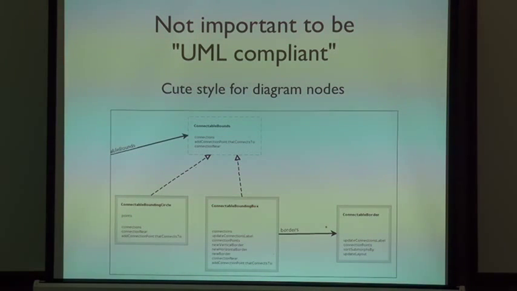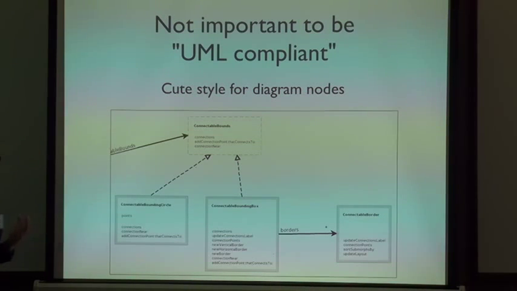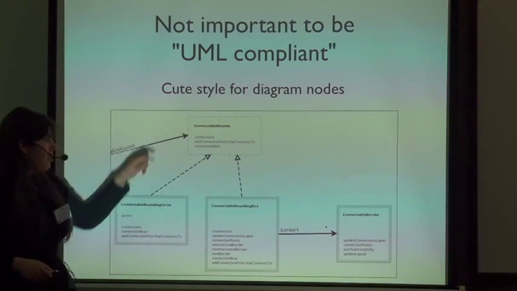In the moment that they don't help me to communicate, they are not so useful anymore. So I want to be comfortable when I communicate things. For example, this project has a cute style for diagram nodes, for class boxes. It's not the usual UML box style. Especially, for example, this one is an interface or a type.